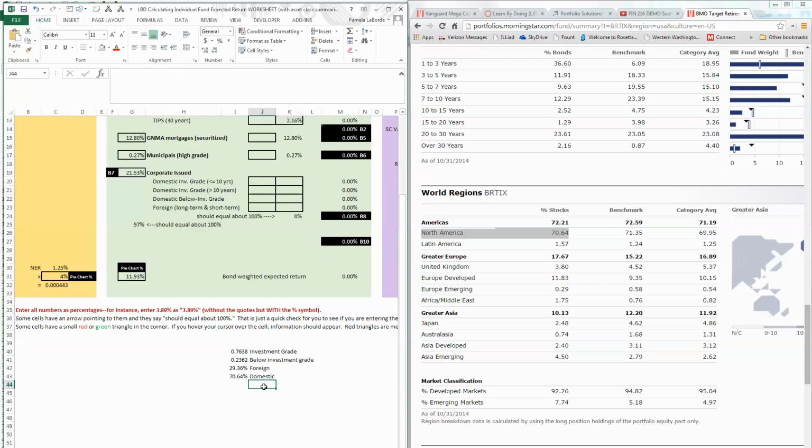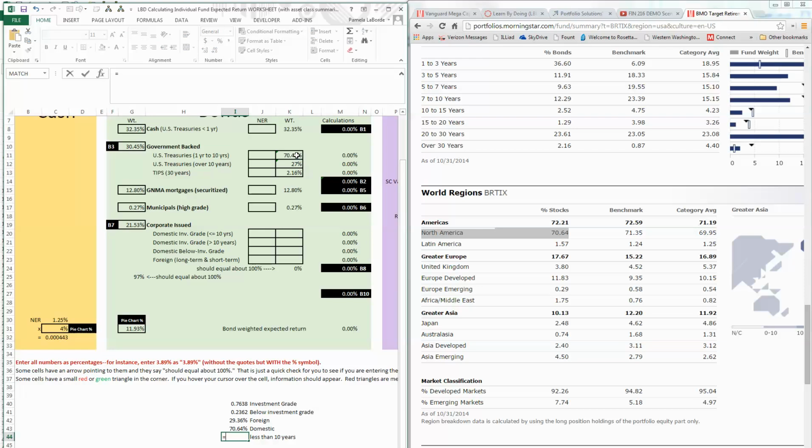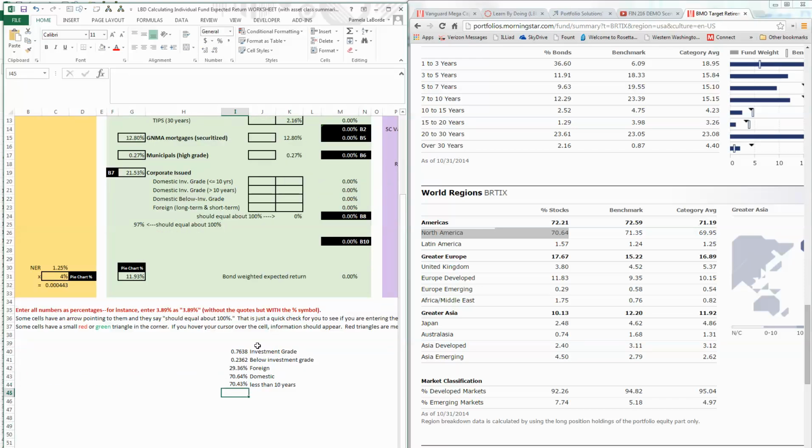So I'm actually going to do that down here as well. So less than 10 years is going to be the same number as this. So my 10 years or more has to be the rest. So it would be 1 minus the less than 10 years.